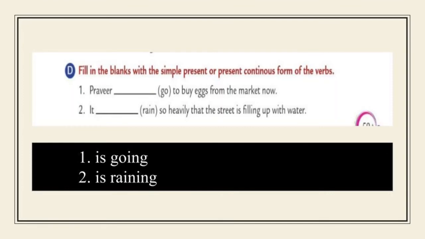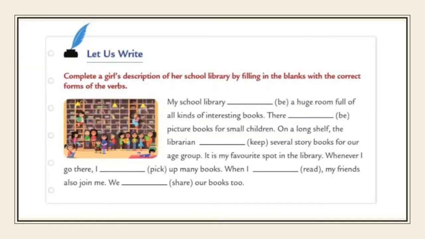And the next one is dash so heavily that the street is filling up with water. Now this action is happening now. So that's why answer is it is raining so heavily that the street is filling up with water. Okay students, remaining you should try in your grammar book. Students, it is an interesting activity for you.